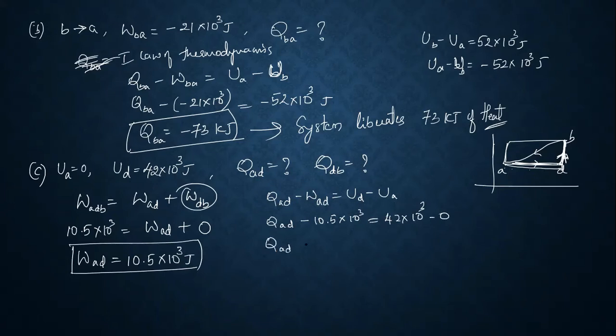Only unknown term is Q_AD. Q_AD is 52.5 kilojoules.